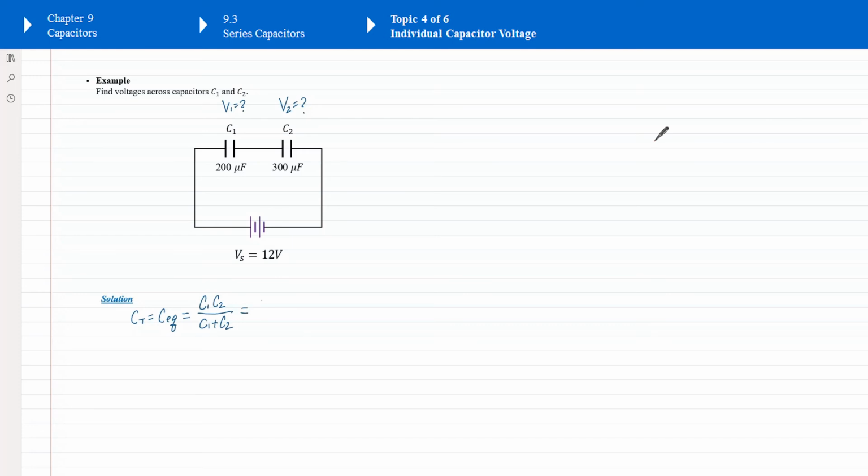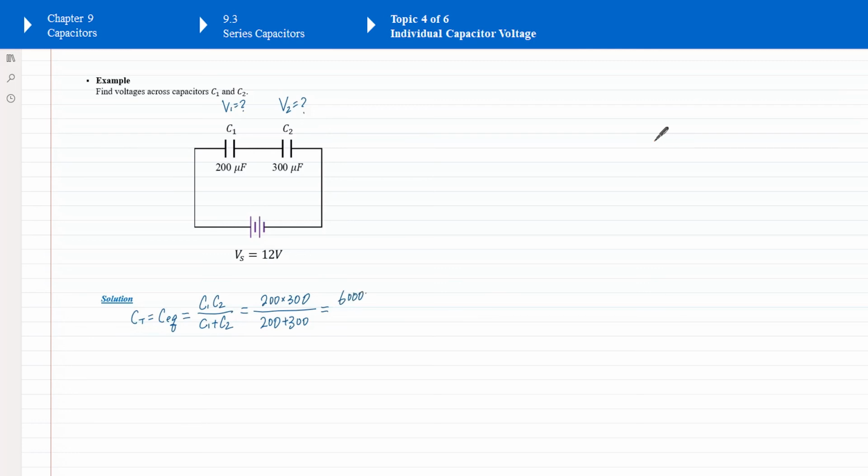Let's plug in numbers: 200 times 300 divided by 200 plus 300. Since the units of these capacitors are all in microfarads, I temporarily omit them in the calculation.